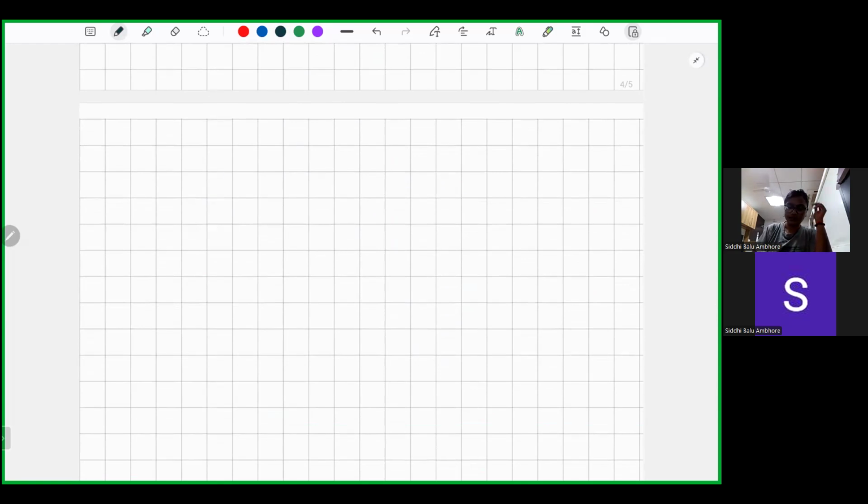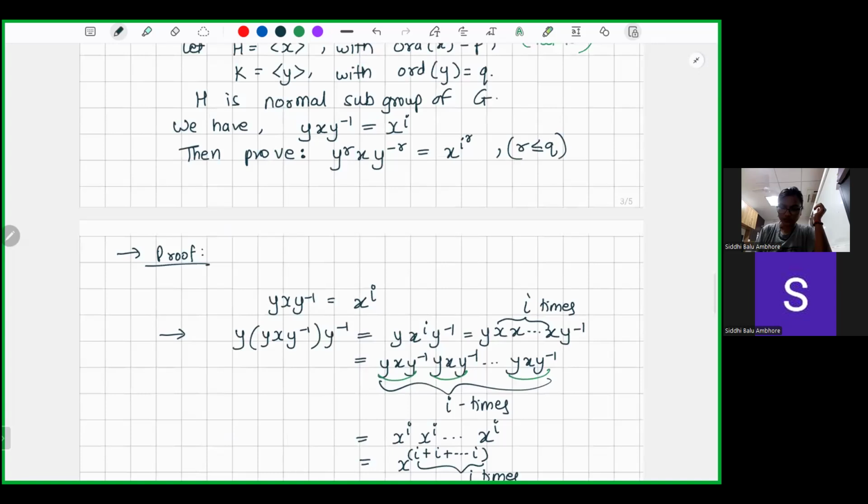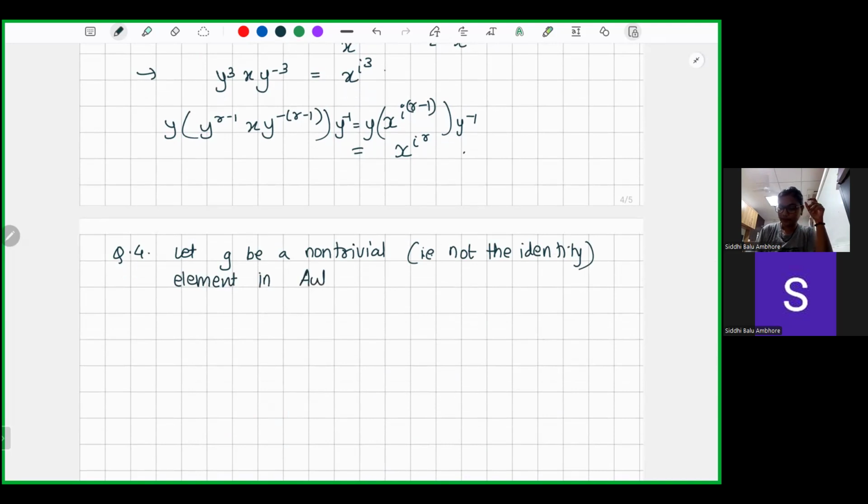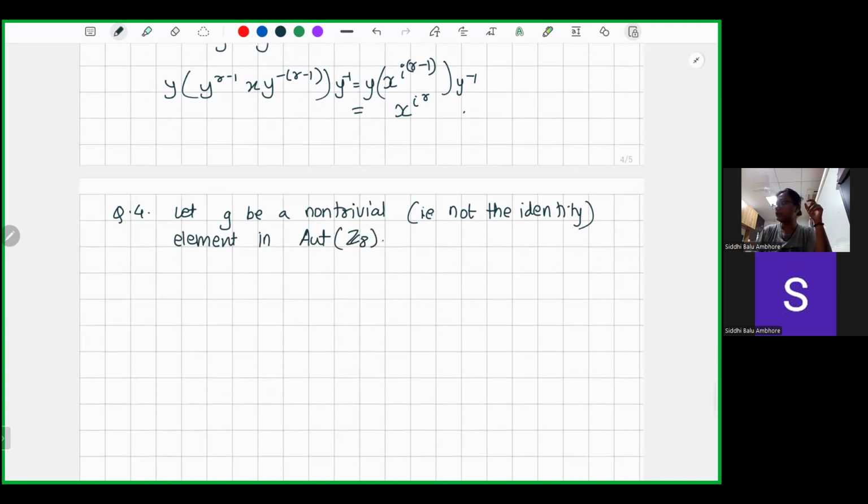And this is the next question. I think this is fourth. This one was three. Yeah, this is fourth. Let G be a non-trivial element, that is, not a unit, not the identity, in the automorphism group of Z8.